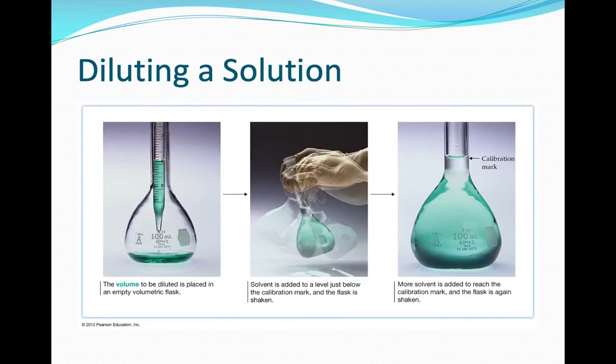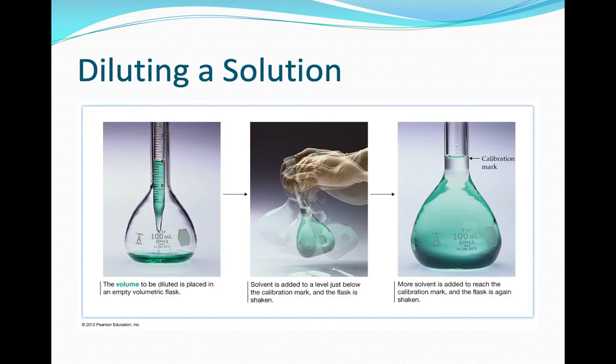Now, doing dilutions to make specific concentrations, you can do this a lot of different ways. But again, making an actual solution, if you were doing this in the lab, using a volumetric flask, you can do the calculation in advance. If you know what your starting concentration is and you know what your final concentration and volume need to be, you can figure out what volume of your starting solution you should begin with, and then you just add solvent to get to that final total volume that you want.